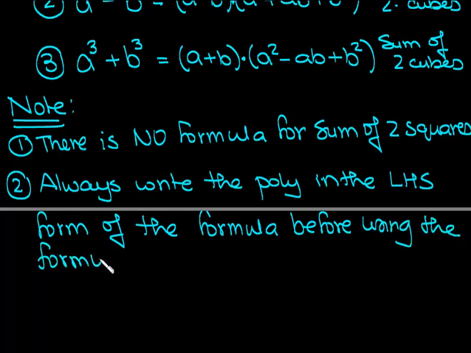And I'll explain that when I do an example. This is important because sometimes students get confused what they're doing with those formulas, but if you perform this step, it'll really make life easy.